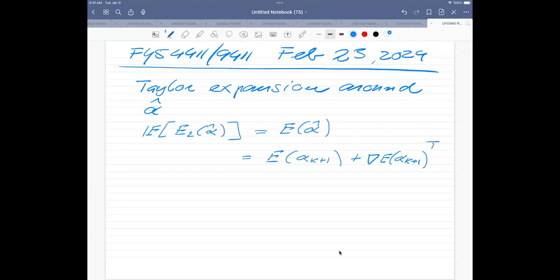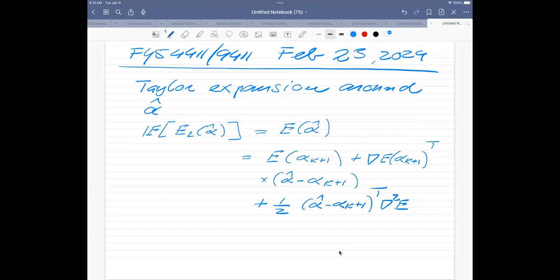This was multiplied with alpha minus alpha k plus 1, and then we have the second derivative plus 1/2, and then a vector alpha minus alpha k plus 1 transpose, and then the second derivative of E, calculated at alpha k.